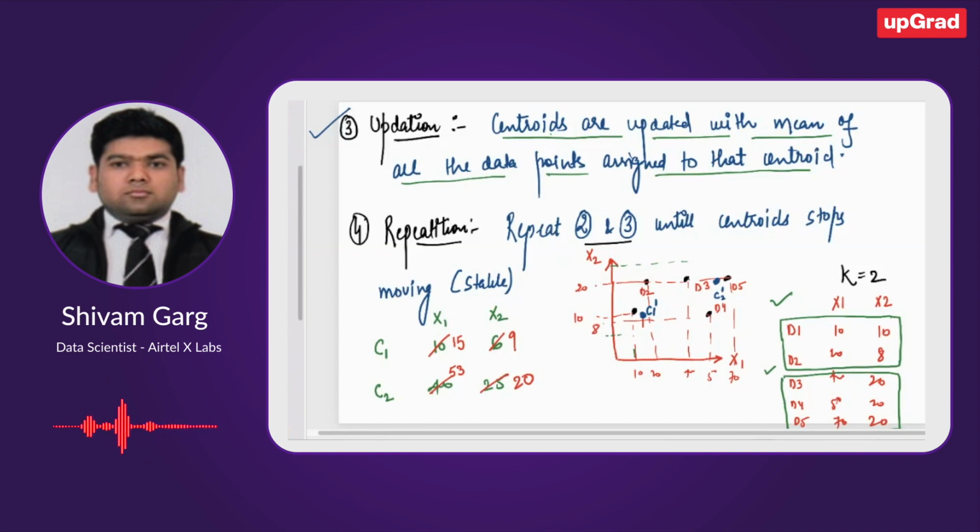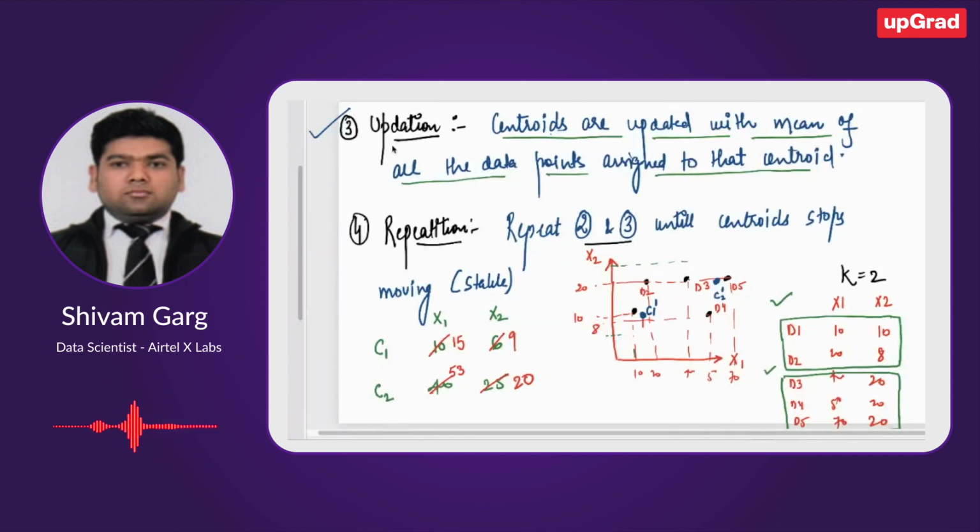But where will you stop? We will stop our clustering algorithm where my data points stop moving to other clusters. Think, guys, if my data points stop changing clusters, will there be any change in the centroid updation step?